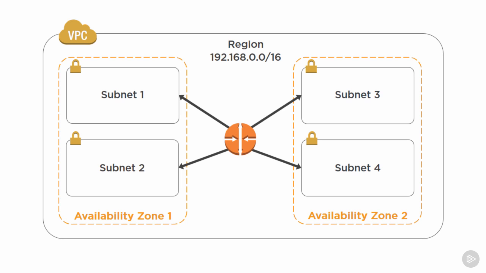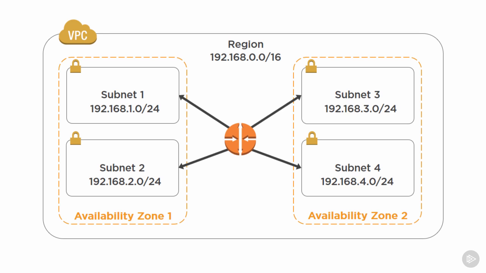Now, within that master subnet, within that bubble that you just created, you can begin to carve up your individual subnets. And in this case, you'll have subnet 1 with a 192.168.1.0/24. And then you'll do the same thing for 2, 3, and 4, etc. So you're able to architect your network, you're able to architect your subnets based on that master subnet that you've just created initially.